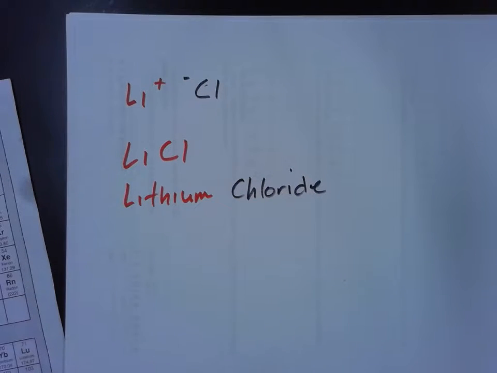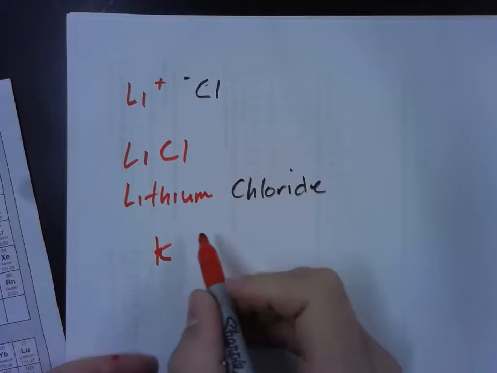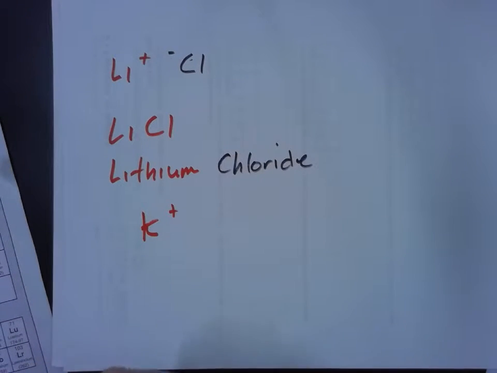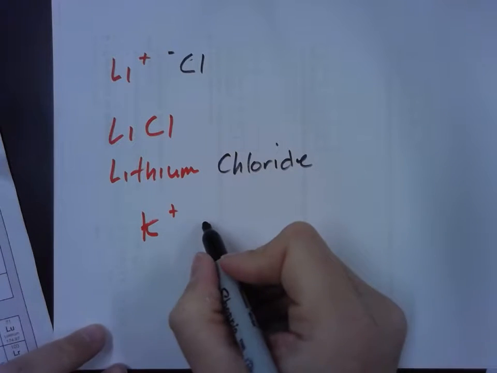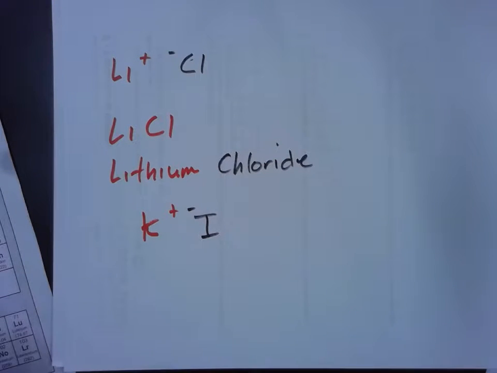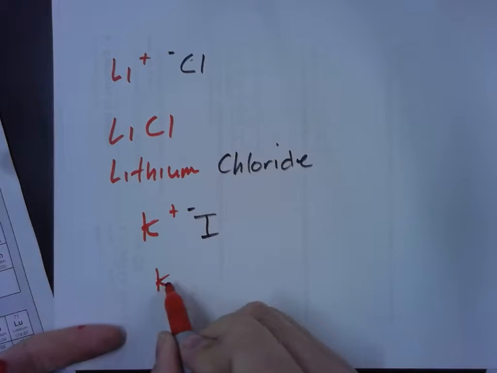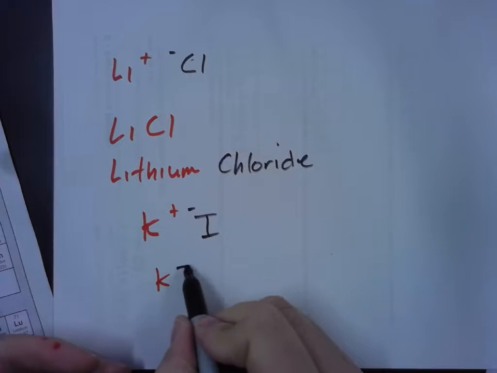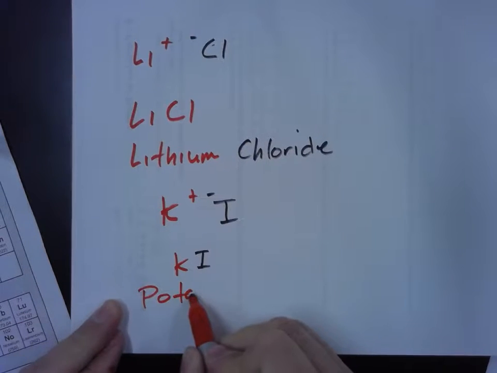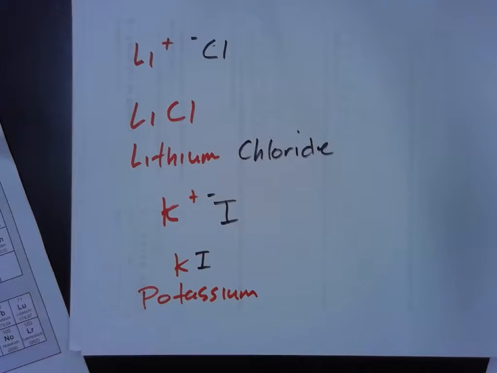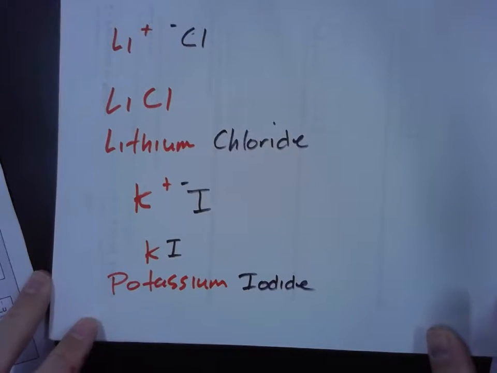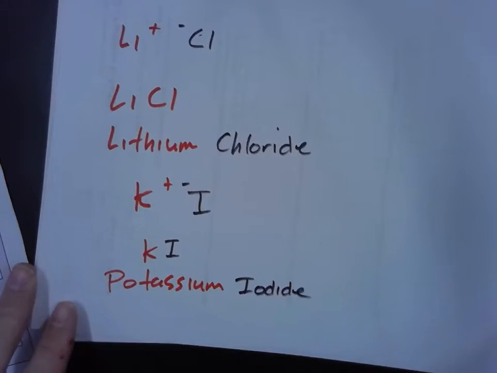Or K, potassium, can lose 1 electron, and it can be picked up by chlorine, bromine, iodine, any of them. We can just say K with an I negative. That's going to be potassium iodide.